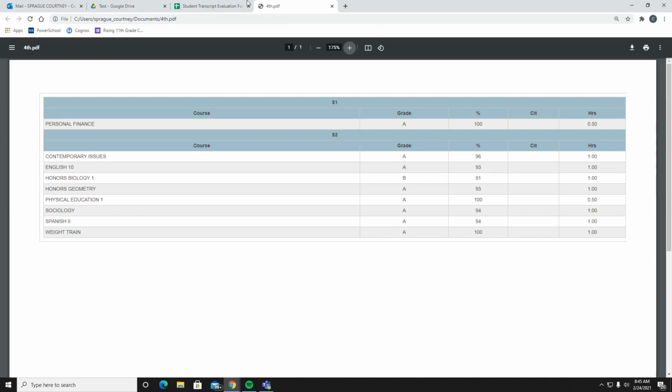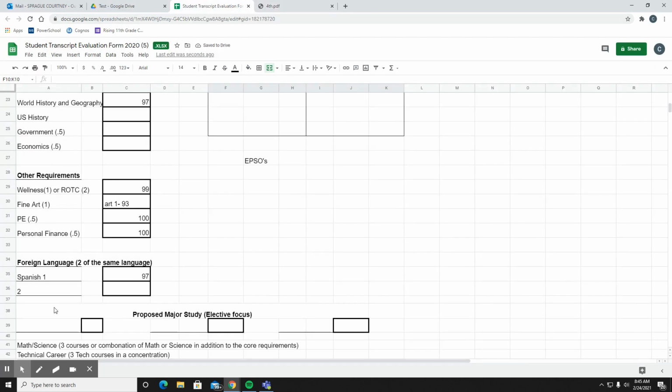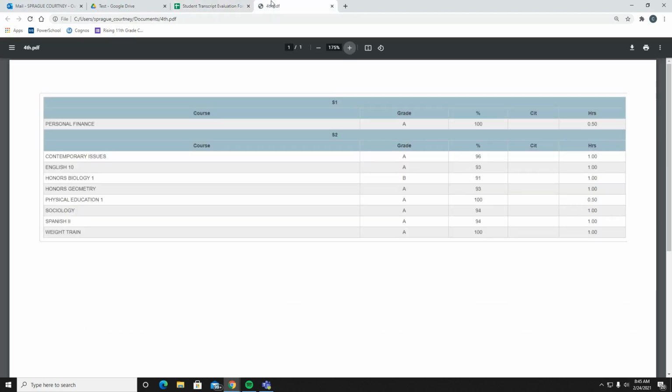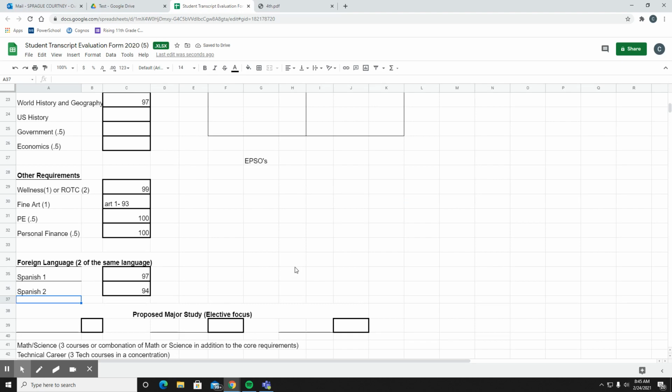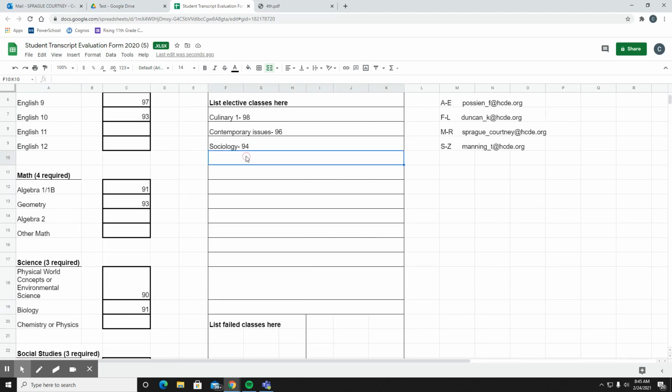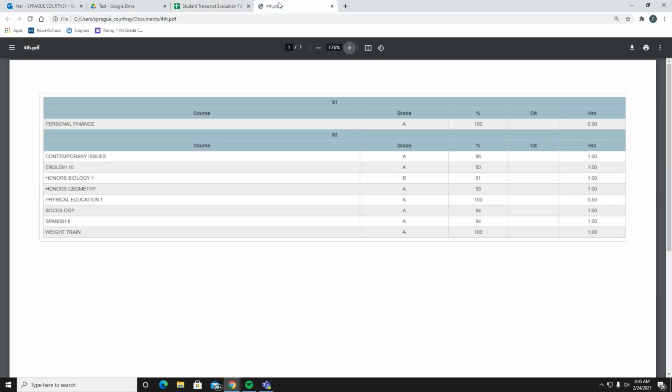Spanish 2, we got a 94. So that's good. So that's our second language in the same area. And then weight training, we got a 100. And weight training is going to be another one of those electives. So we listed our grades for all the electives, and this is where we just listed our electives.